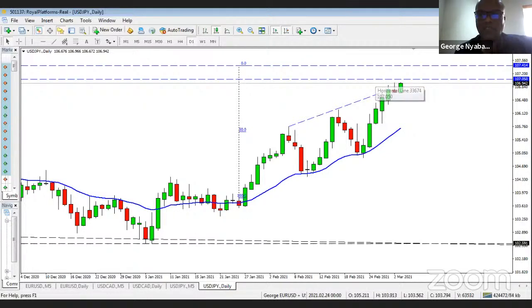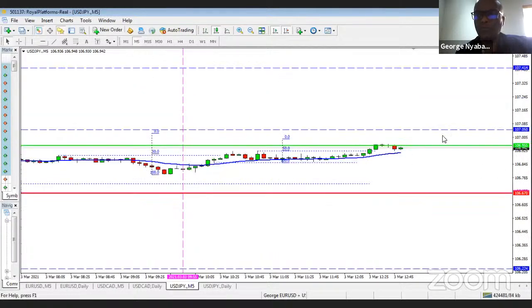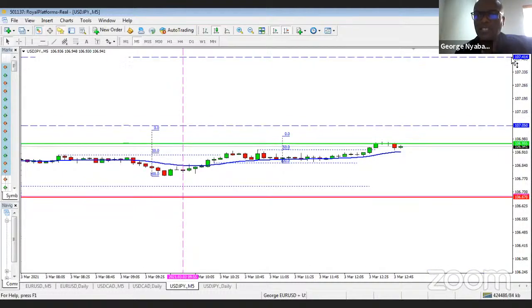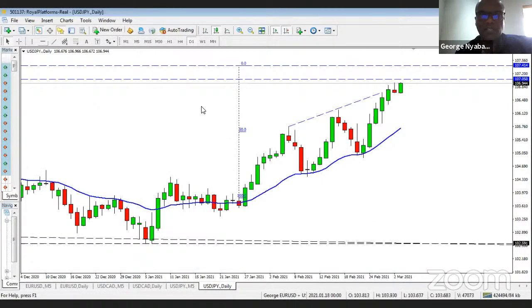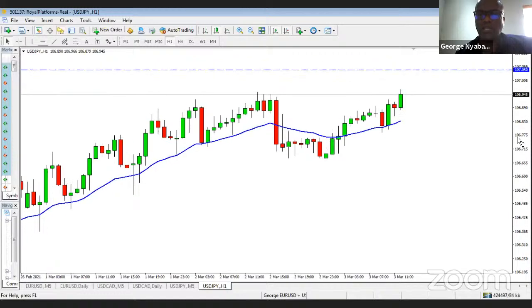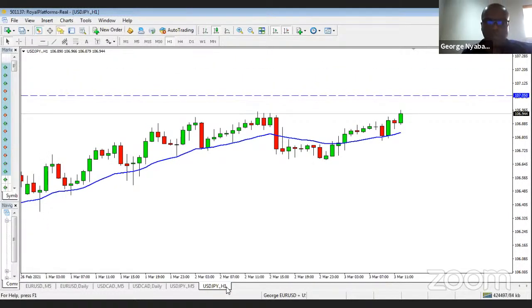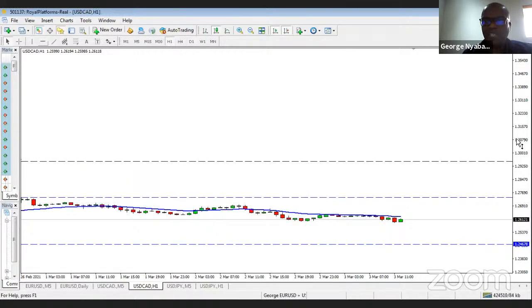So all of that information, we then take down to our 5-minute time frame, and we just plonk it on a 5-minute time frame. Now, as the day progresses, what I then do is switch the time frame to an hourly, because continually looking at the daily is not going to help you much to look at the end of the day.